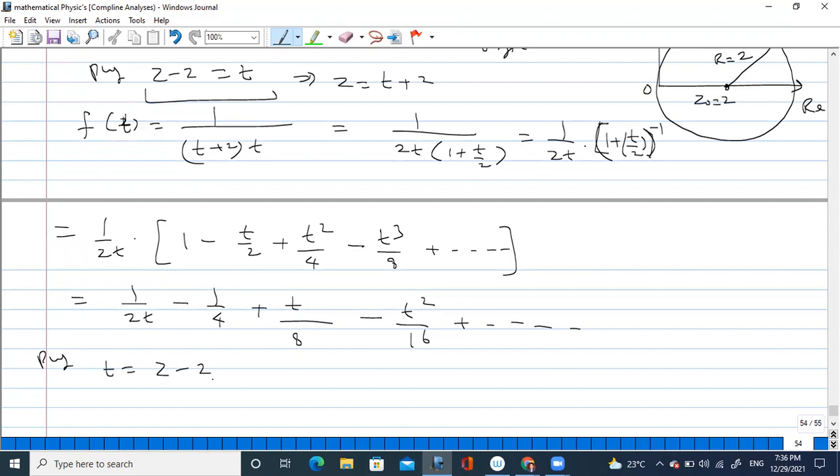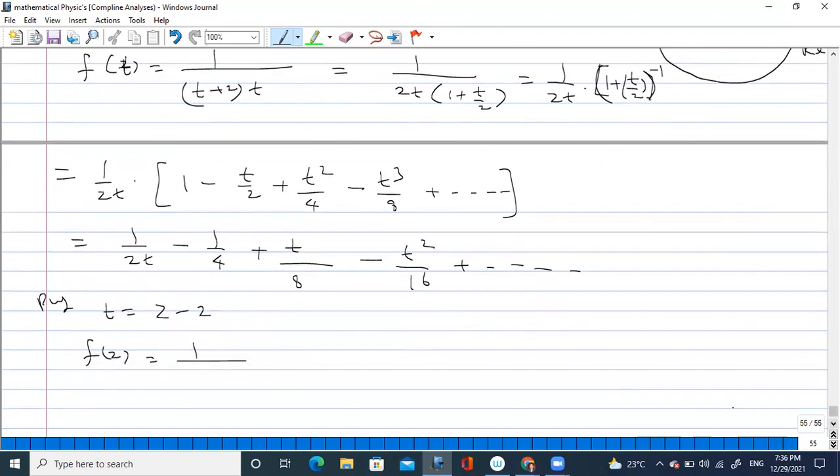So this is like z minus z0. So my function will become 1 upon 2 into z minus 2, and minus 1 by 4, and plus z minus 2 divided by 8, minus z minus 2 whole square divided by 16.